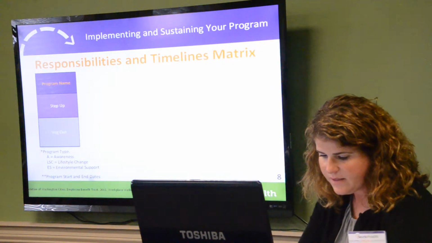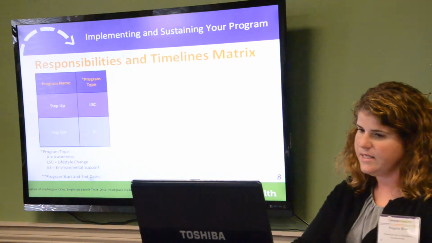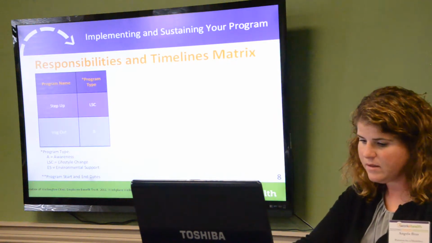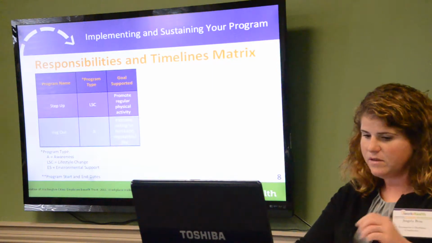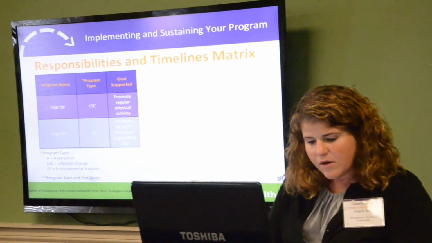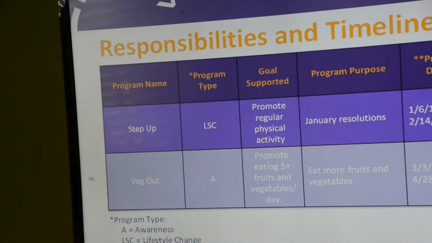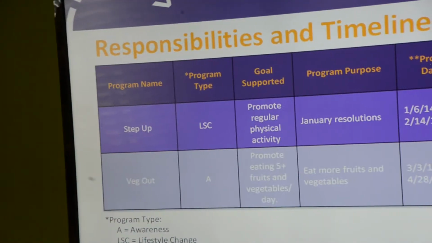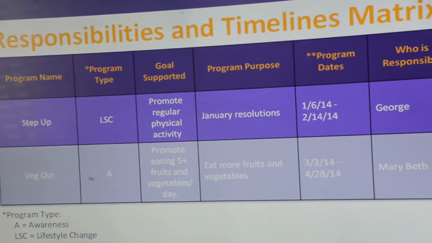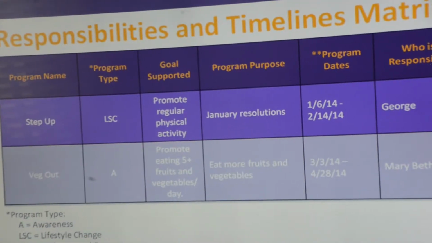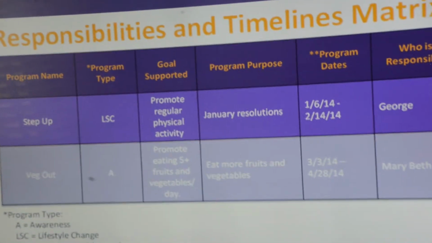To make assignments and put program start dates and end dates together, the matrix should include program name, program intensity level, the overarching goal that is supported by this program, program purpose, program start and end dates, and who has overall responsibility. And I think this nicely shows the importance of identifying who's responsible, but then obviously our supported goal.